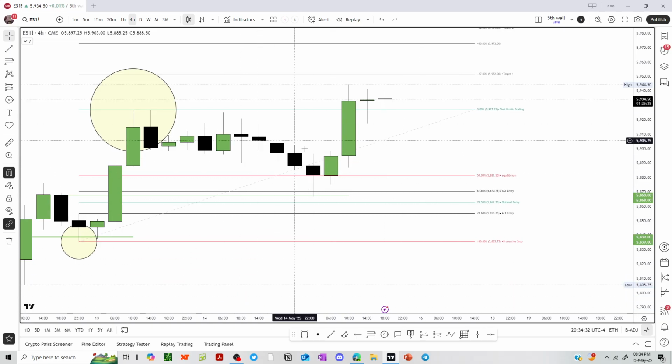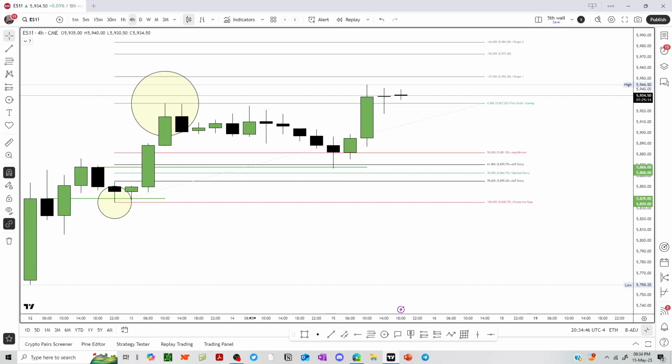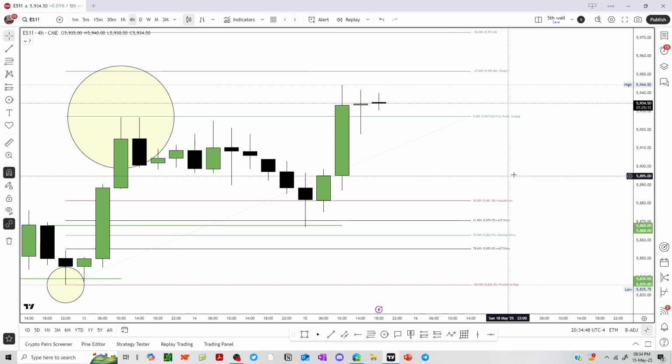So here you can see this is a 4-hour time frame, and in general, the 4-hour time frame is used for short-term trading, holding positions for 1 to 2 days, for example. But if you think in terms of discount and premium, as well as internal range to external range, just those two principles alone.